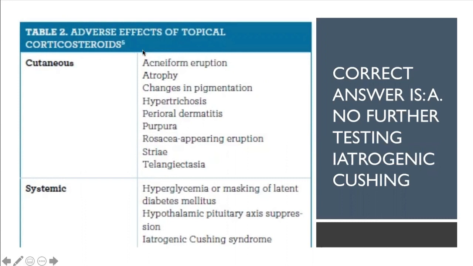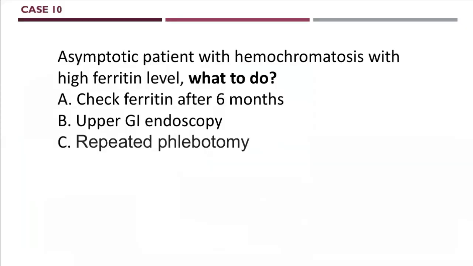Adverse effects of topical corticosteroids can include acneiform eruption and atrophy. It can also cause iatrogenic Cushing's syndrome from only local, high-potency corticosteroids. So keep that in your mind.